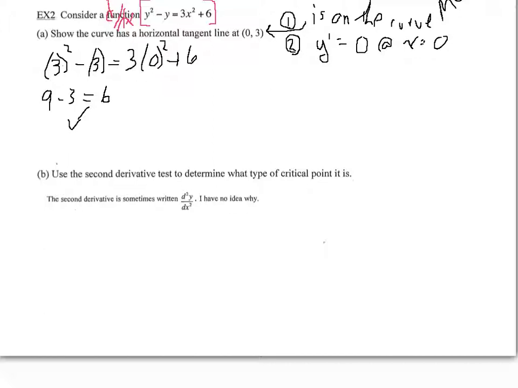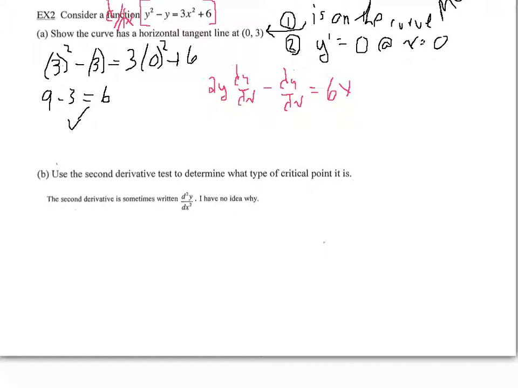So this is going to look like 2y dy/dx, the first term, minus dy/dx, which is going to equal the derivative of 3x squared, which is 6x, plus the derivative of 6, which is just 0.